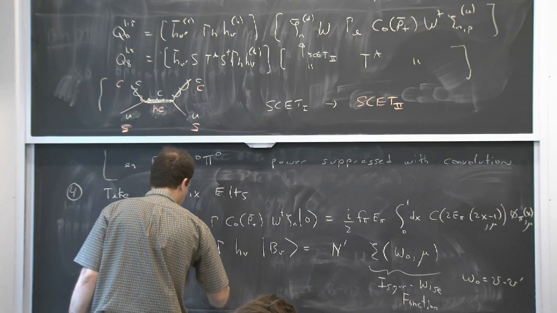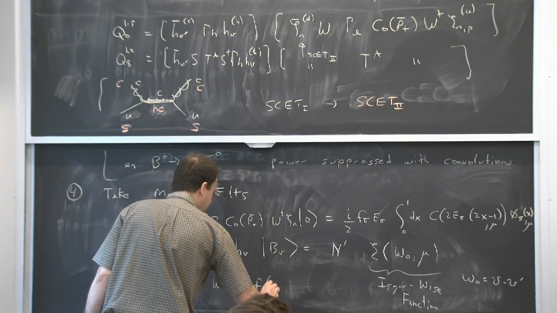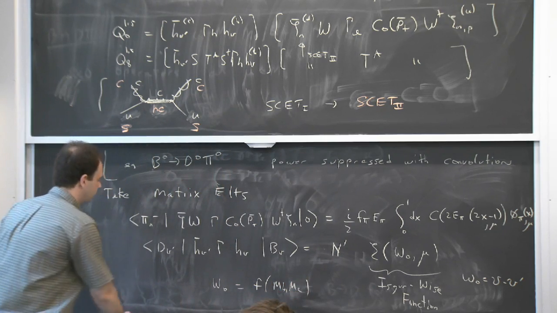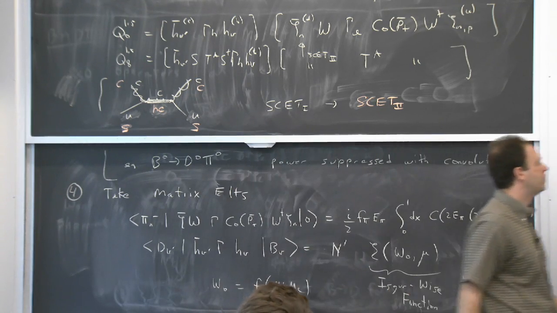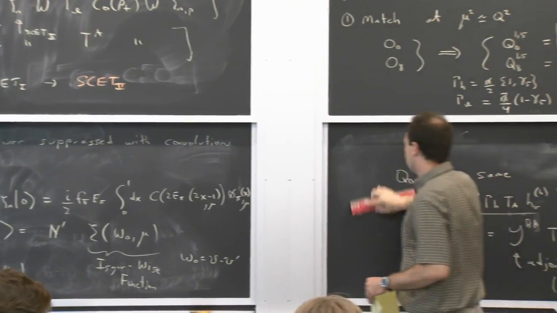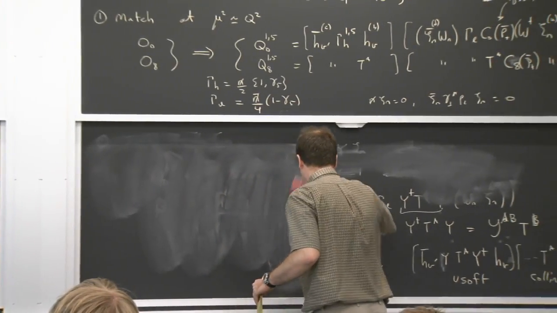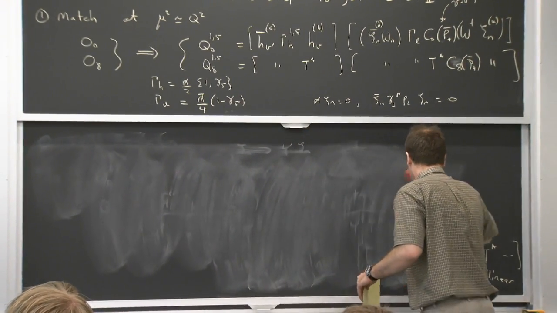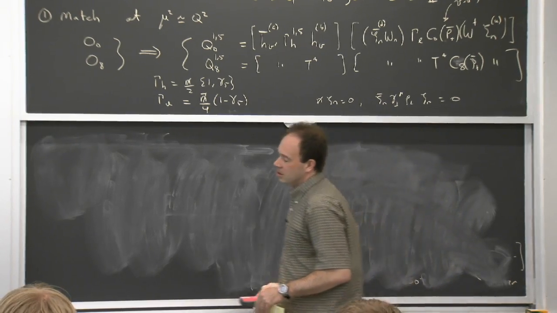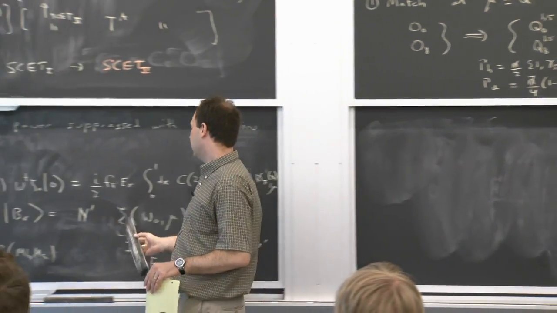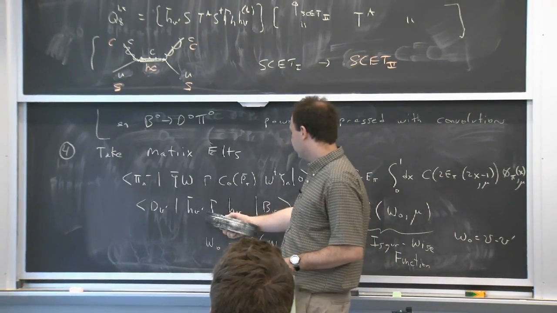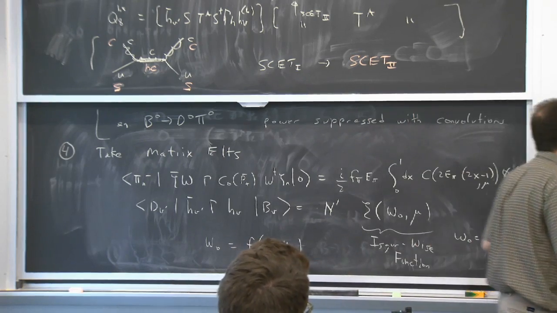So w0 is some function of mB and mC, which I'm not going to bother writing down. Just some constant. It could have some kinematic factors that make up the dimension, but it's just some number.